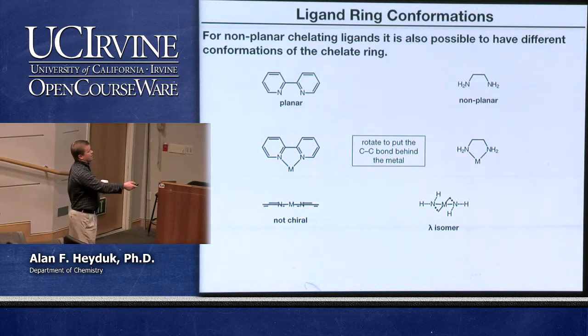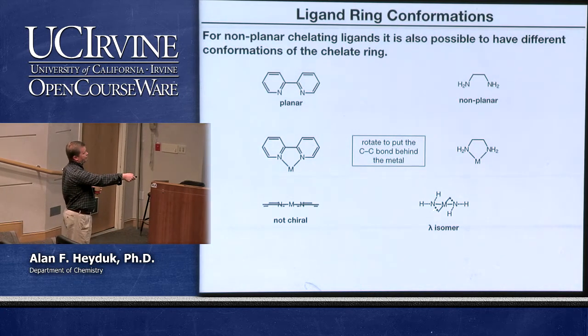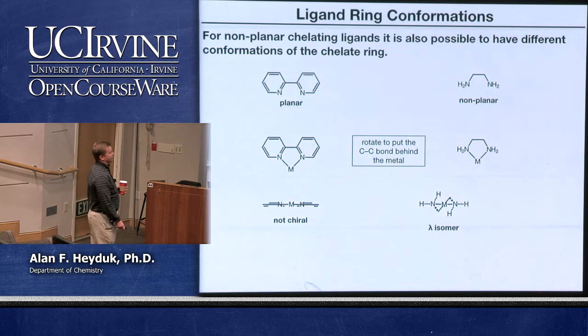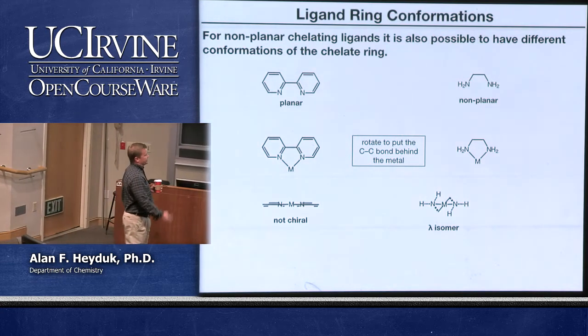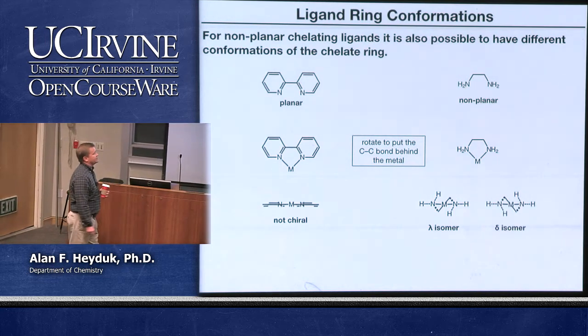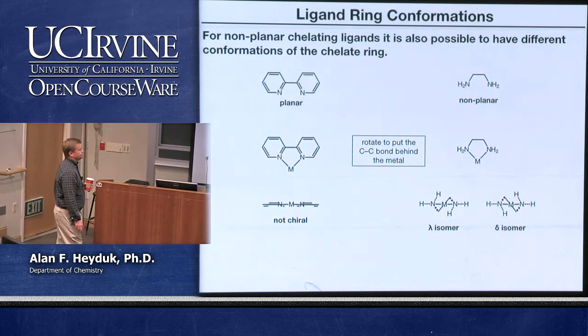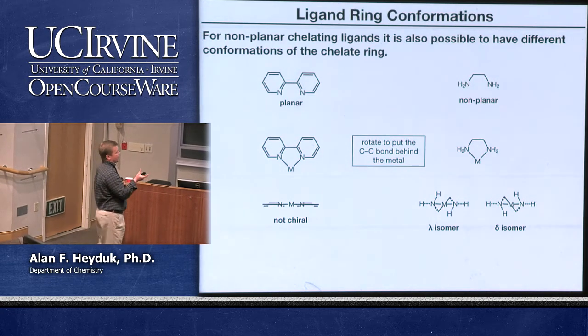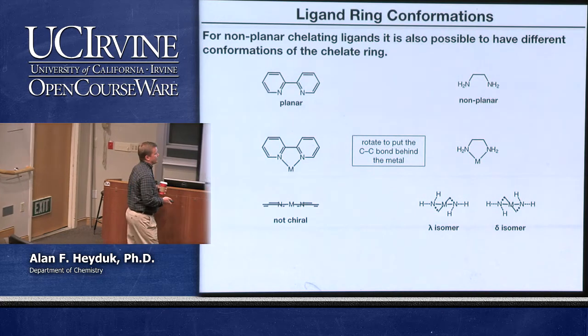Okay? And so you can get 2 isomers. You can get the lambda isomer, again the left-handed screw, and you could get the delta isomer, the right-handed screw, of that individual ethylene linker, that individual chelate ring.